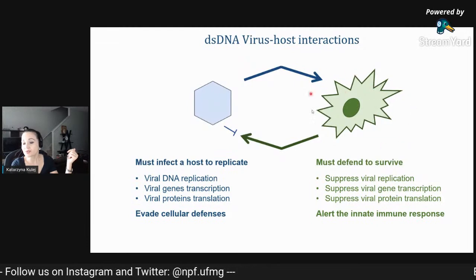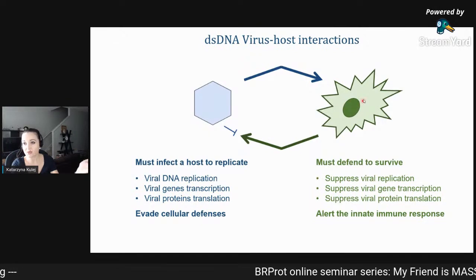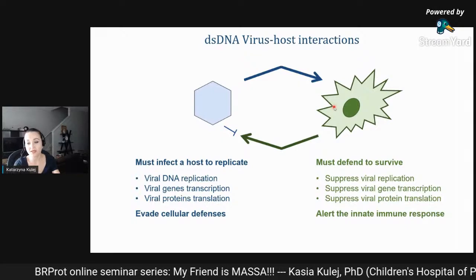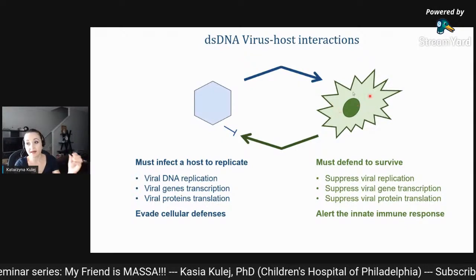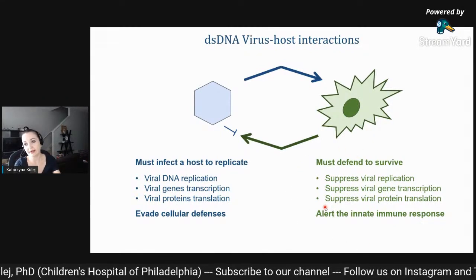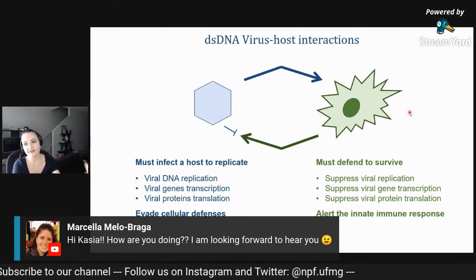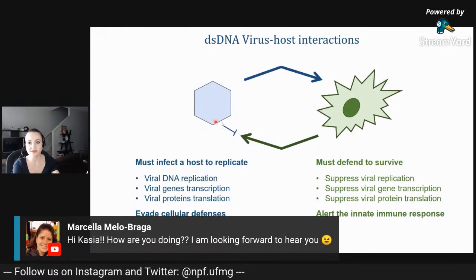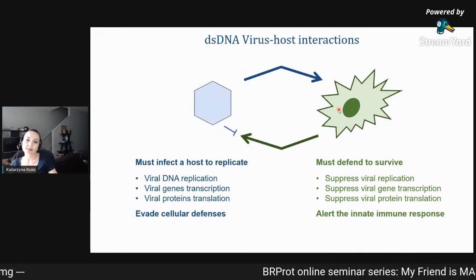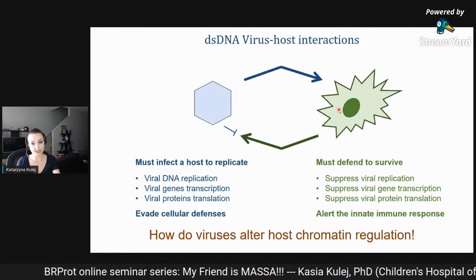In order to do so, they evolved strategies to manipulate cell mechanisms, not only to control the life cycle, but also to disable the antiviral responses, which are driven through the host immune system. So through all of the time course of viral infection, we have this constant battle between the viral and host factors. In the Weizmann lab, we are primarily interested in how viruses alter host chromatin regulation.